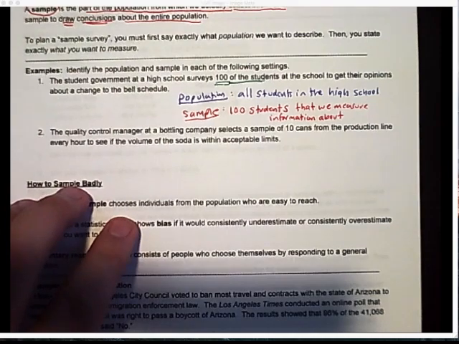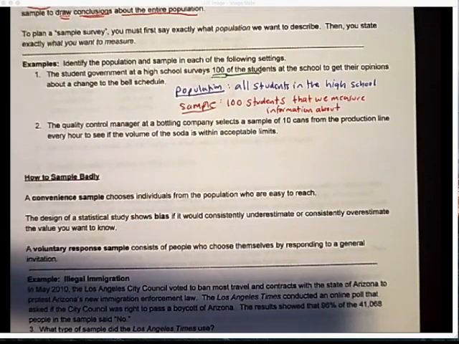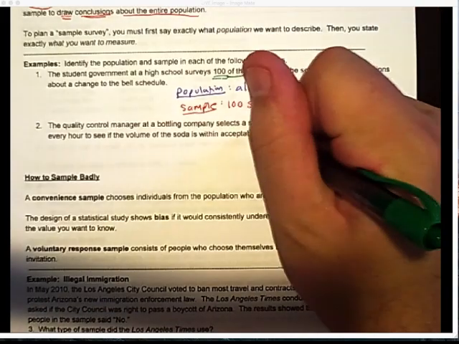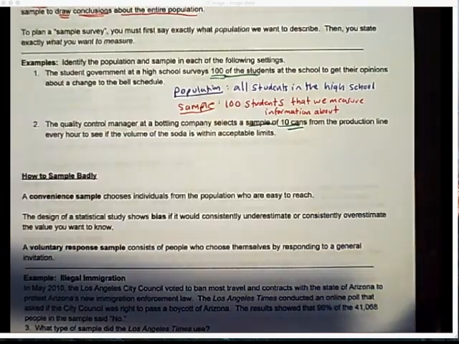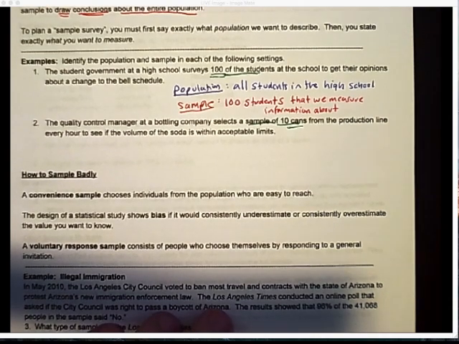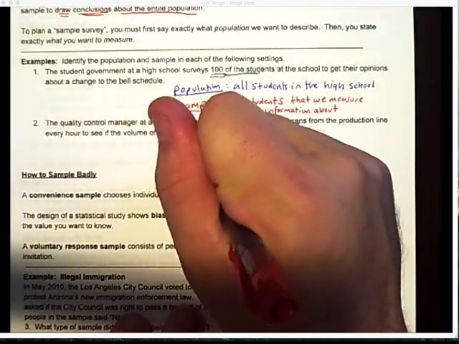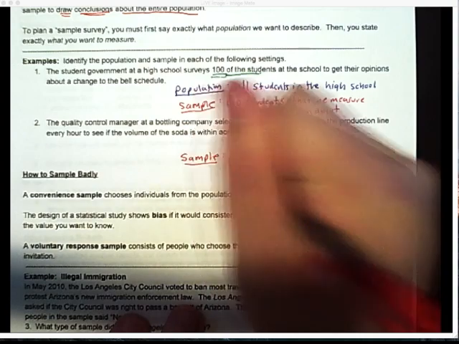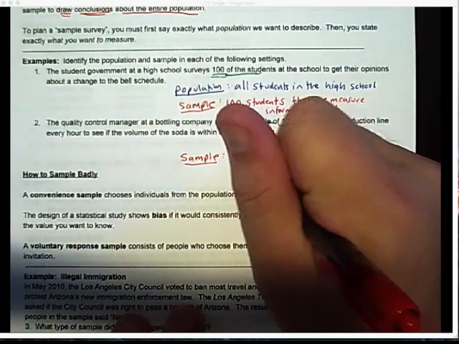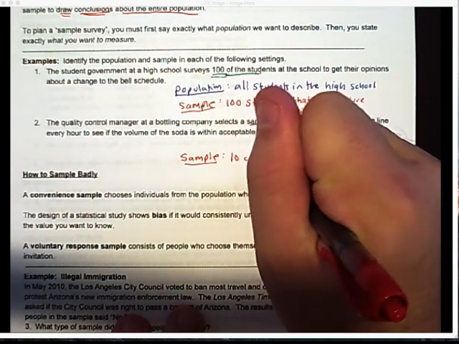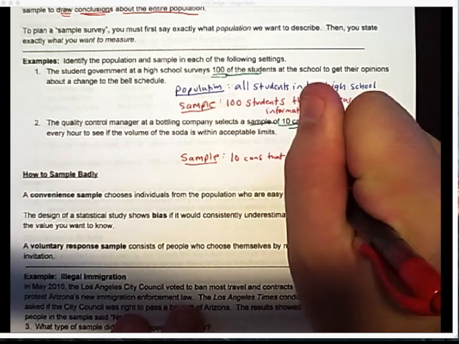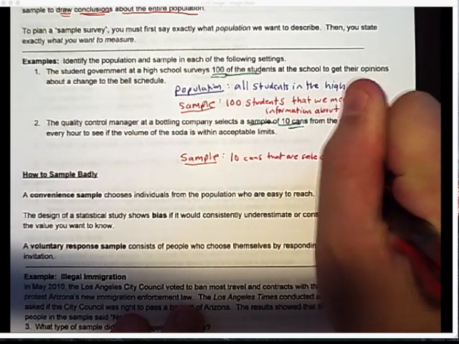Number two, the quality control manager at a bottling company selects a sample of 10 cans from the production line every hour to see if the volume of the soda is within acceptable limits. So let's start here with the sample this time. Okay, the sample is the 10 cans that are selected each hour.